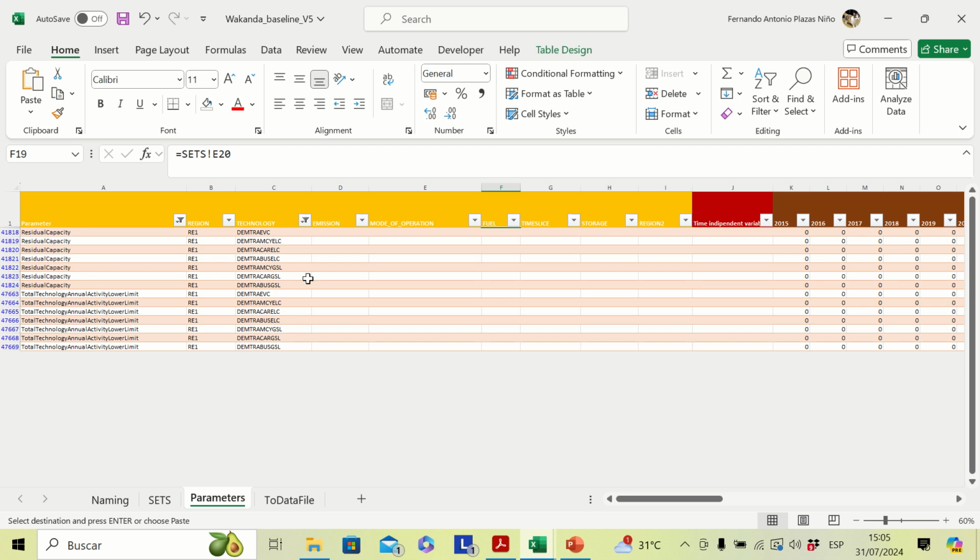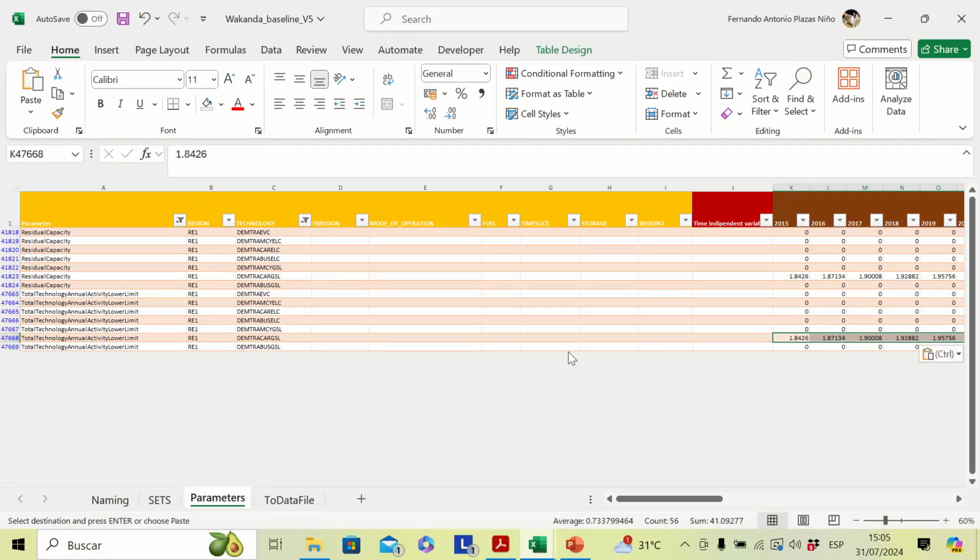Let's remember that in this case the abbreviation is dem tra car GSL, right? So it's this one. We can select it, copy, and it would be the same for the lower limit. We need to locate it, so it's this, then truck car GSL. So we can once again copy and paste it, and that would be all.